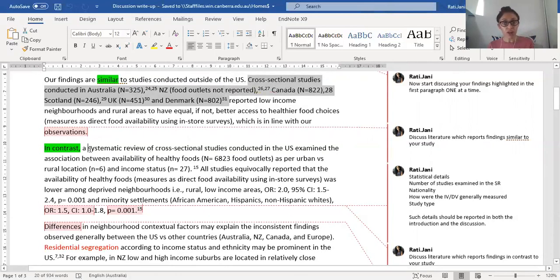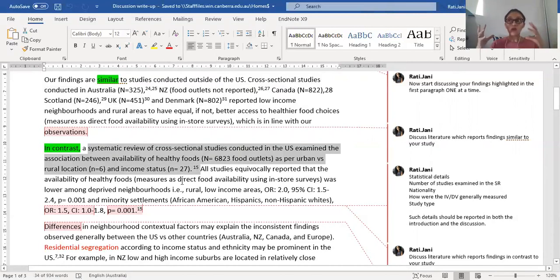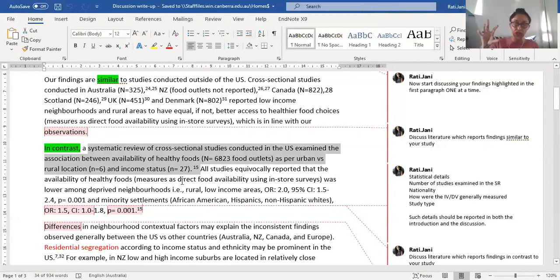If you see over here, I have used a systematic review showing how one systematic review, which was focusing on studies in the United States on rural location and income locations and having so many measured food outlets, reported findings which are contrasting from my findings, which have been done in the Australian context.